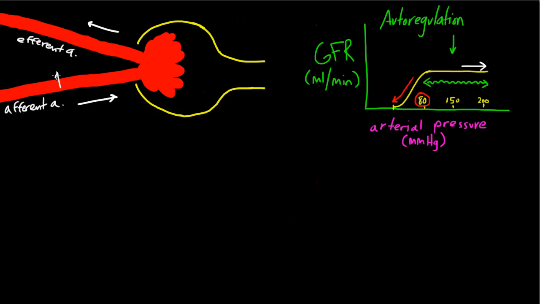An increase in blood pressure will lead to an increase in pressure within the afferent arteriole. This in turn leads to increased hydraulic pressure within the glomeruli, in other words, an increase in PGC, and this leads to an increase in glomerular filtration rate.